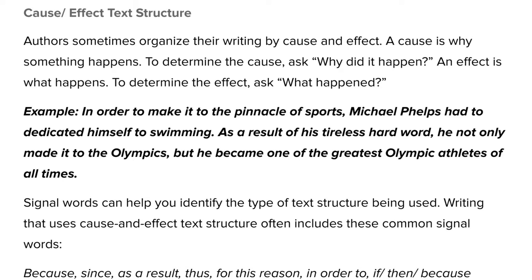As a result of his tireless hard work, he not only made it to the Olympics, but he became one of the greatest Olympic athletes of all time. Signal words that can help you identify this text structure are words like because, since, as a result, thus, for this reason, in order to, you see it up there, it's the first three words, and then if, then, because statements.